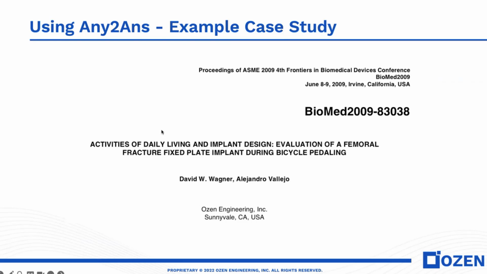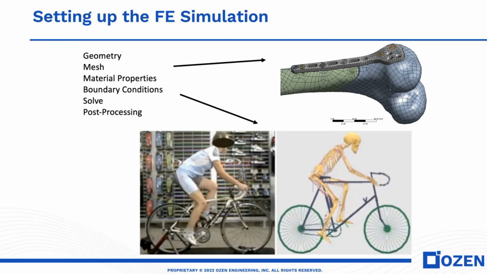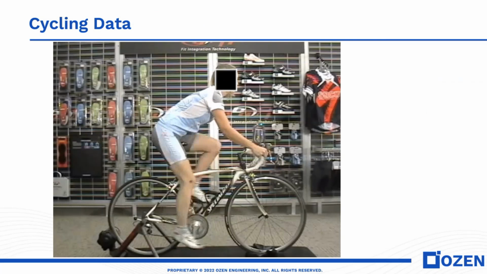and the title is Activities of Daily Living and Implant Design, Evaluation of a fixed plate implant during bicycle pedaling. And we worked with, I believe, Specialized Bike Company, where we looked at the cycling data.